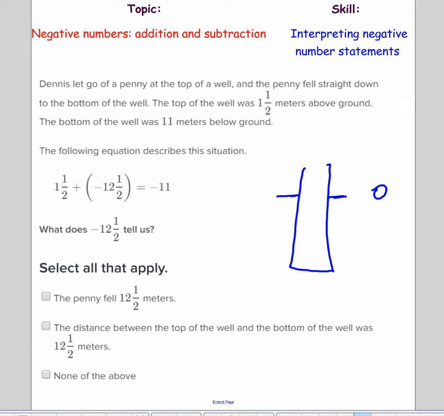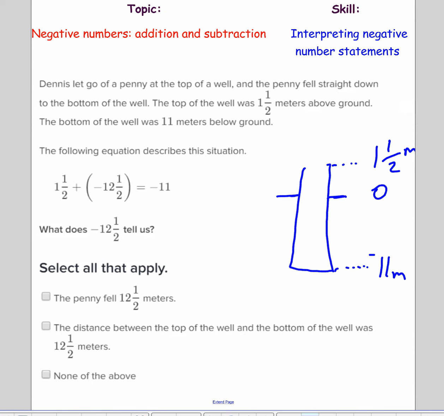So this is 1.5 meters above ground. The bottom of the well was 11 meters below the ground. So down here was 11 meters below, so negative 11. Really should have labeled this in meters, but I haven't been labeling. Sorry about that, guys. So what does that negative 12.5 tell us?